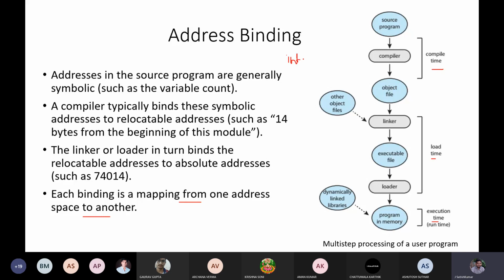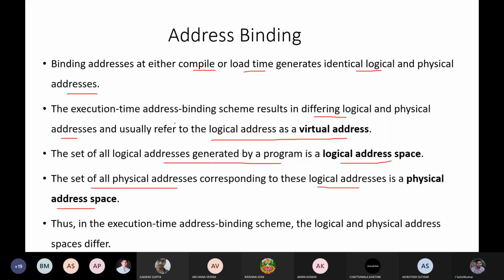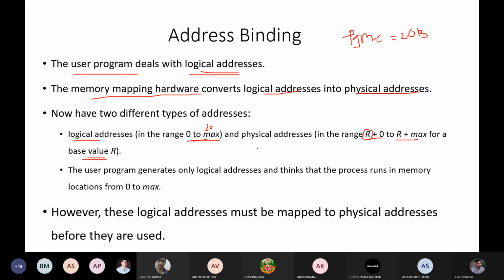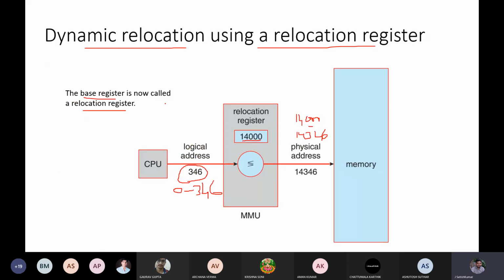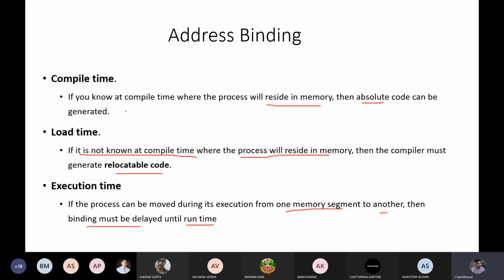The compiler will bind this integer a to a relocatable address. Relocatable addresses are generated relative to the relocation register. The compiler will do this.